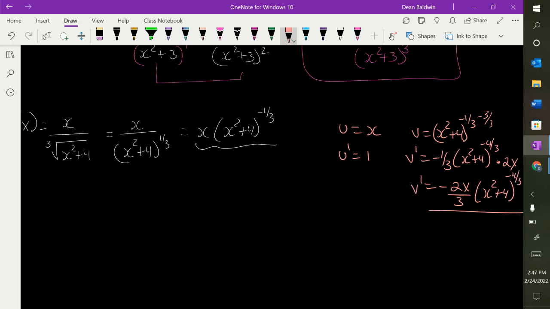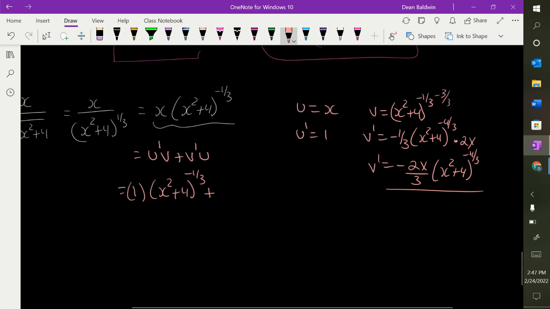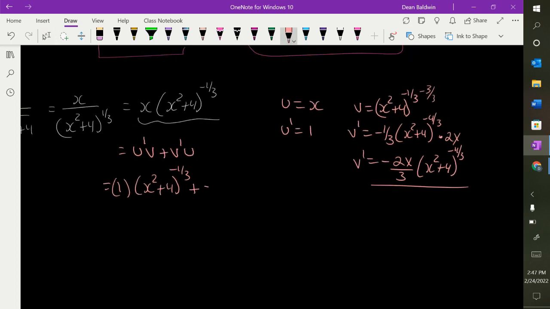That's v primed. Okay. This is product rule, so it should equal u primed v plus v primed u. All right, u primed is 1. You don't have to write it, but we did. x squared plus 4 to the negative 1/3 plus v primed is this gong show, negative 2x over 3 x squared plus 4 to the negative 4/3 times u, which was x.